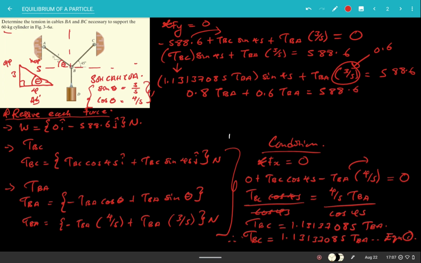Now if I add 0.8 to 0.6, I'll basically have 1.4 TBA being equal to 588.6. Dividing both sides by 1.4, we'll get TBA to be equal to 420.42857114, and this will be in newtons.